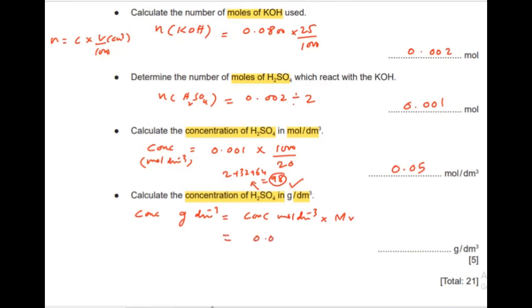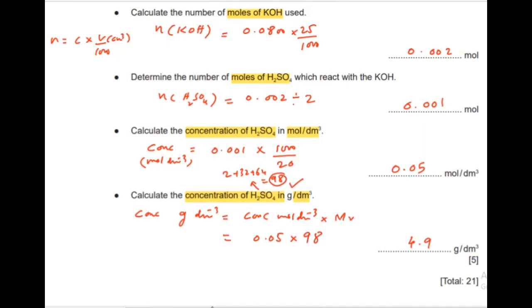You have the answer 0.05, the concentration in moles per dm cubed. Multiply it with 98, and you will get 4.9 grams per dm cubed. So this is the way to get the answer.